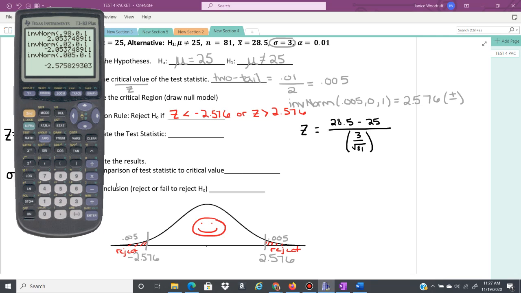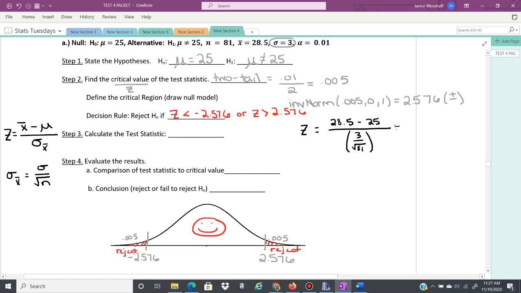I think that's 1/3. Yeah, 1/3. Okay, so 28.5 minus 25 divided by 0.3333 repeating, I get 10.5. So the test statistic is 10.5, which means it is over here.